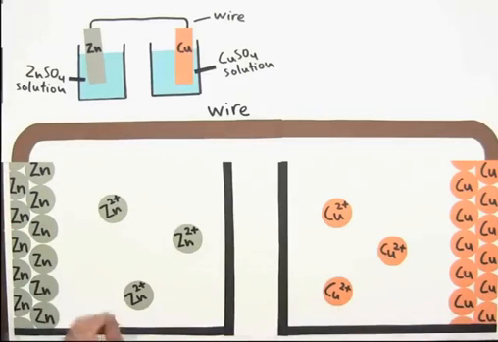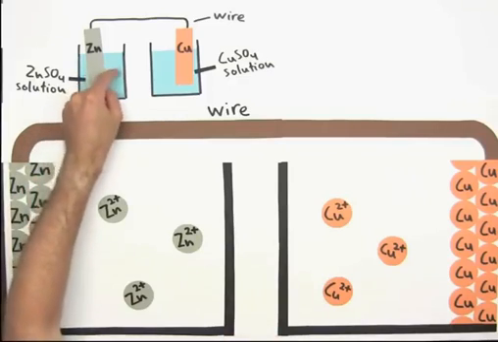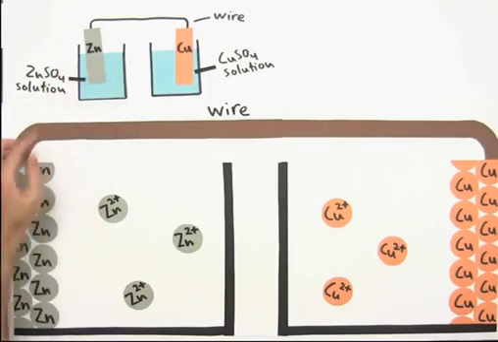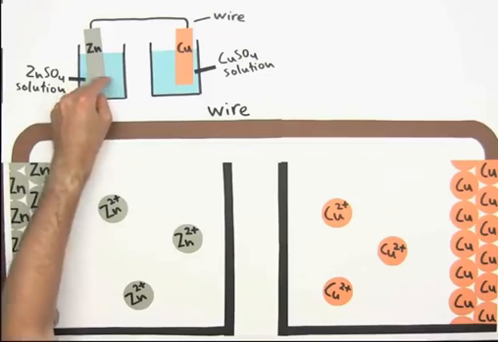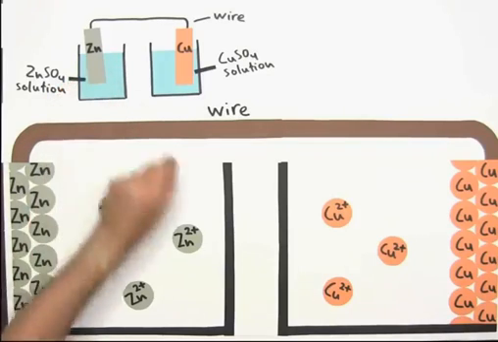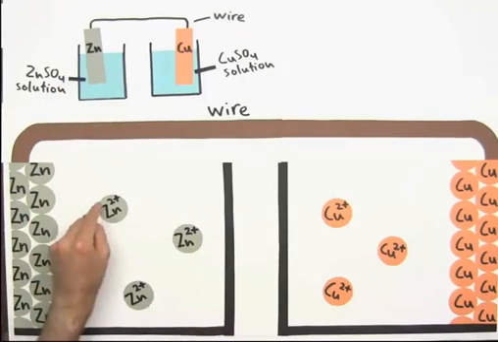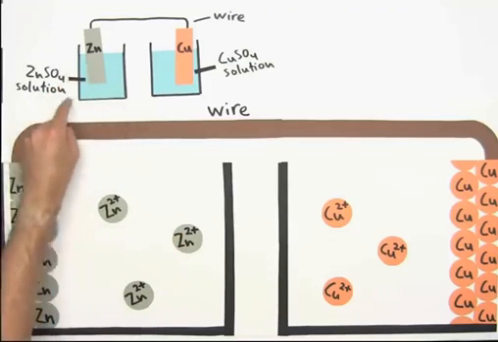So let me show you what's what. This is a magnification of the area here. These zinc atoms are on the edge of the piece of zinc metal. And then these Zn2+ ions are in the solution.